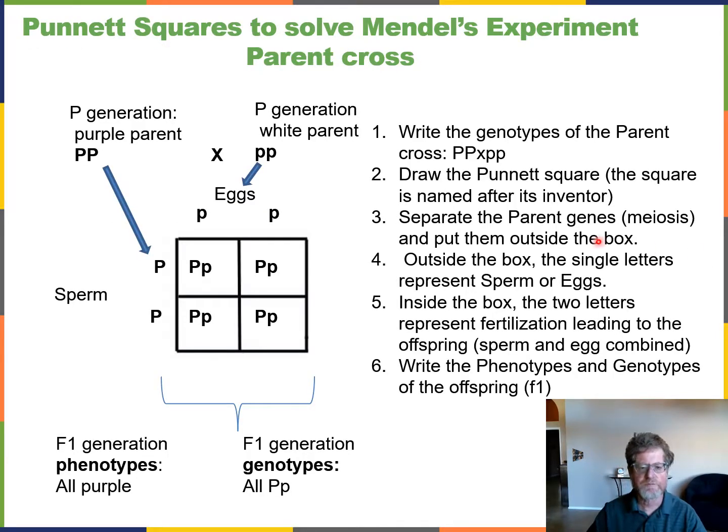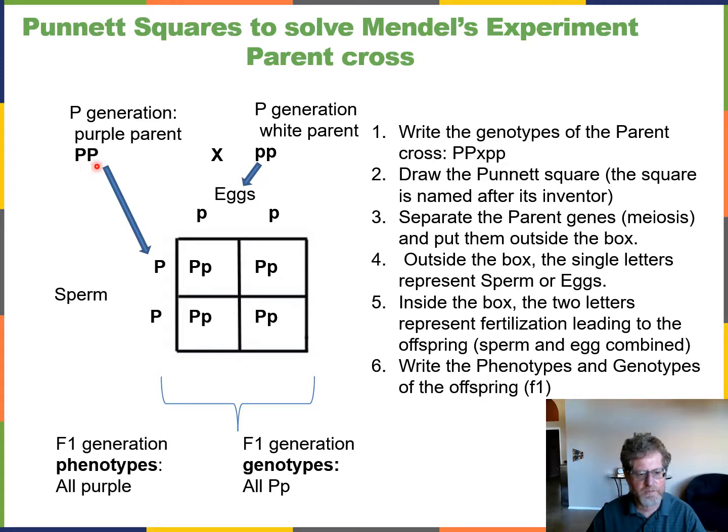All right, let's go ahead and show how they figured out the F2 generation. So let's start by doing a Punnett square of the parent generation. So when you cross a true breeding purple parent, big P, with a true breeding white parent, little p, you can read this later on your own, just go through what I'm showing you, we mimic meiosis.